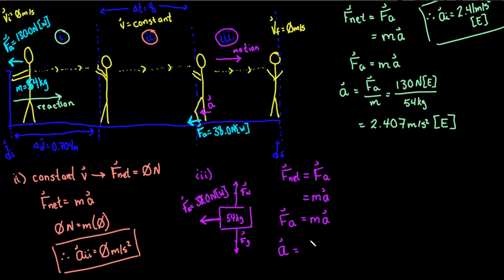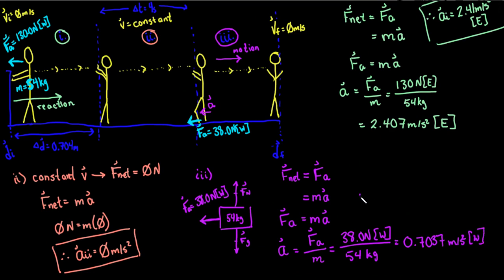And then the acceleration is simply going to be the applied force that he applies to the ground divided by his mass. So we get this 38 newtons west divided by his mass of 54 kilograms. Okay. And that gives us 0.7037 meters per second squared west.